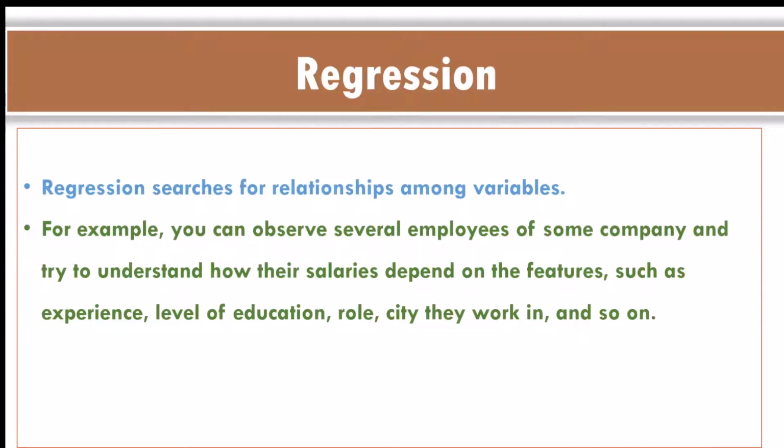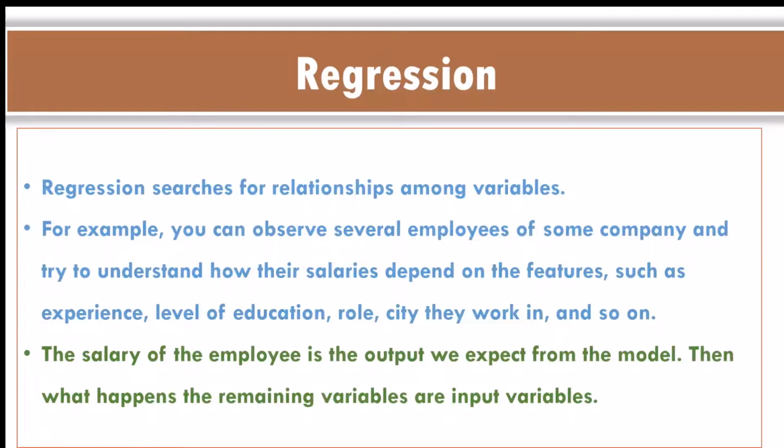There are a number of input features. Here the salary of the employee is the output variable, that is what we expect from the model. Then the remaining variables are input variables. Those are the experience, level of education, role, city. These are all input variables.